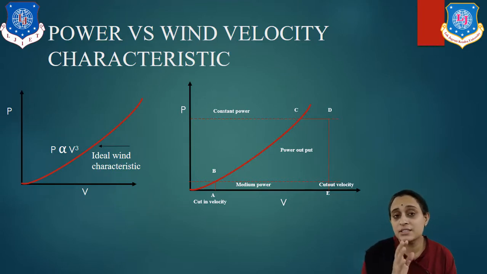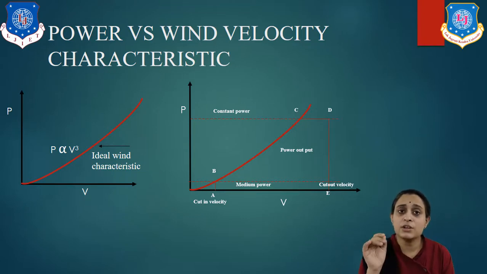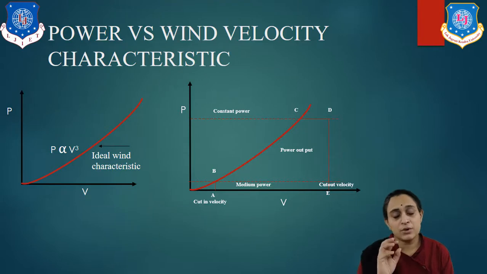What is cut in speed? It is the speed at which the turbine will start to rotate. And what is cut out speed? It is where the connection between the rotor and the generator will detach. So between A and E, the blade or the rotor rotates.